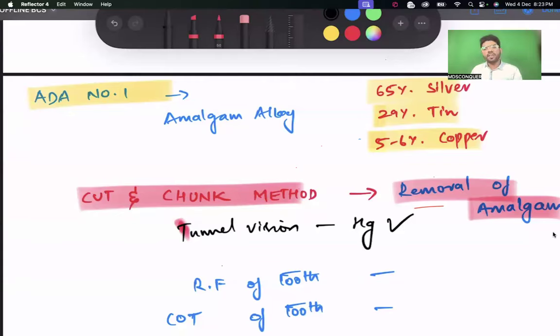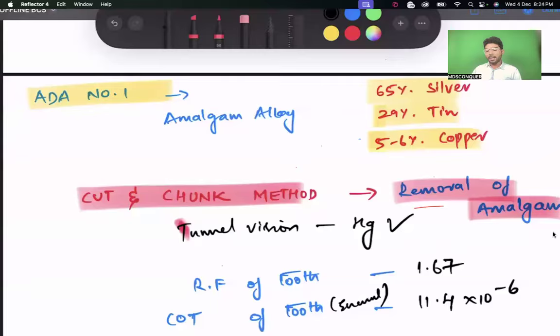The refractive index of teeth, we discussed yesterday in the WhatsApp activity, is 1.67. Coefficient of thermal expansion of teeth, preferably I'm asking about enamel. Coefficient of thermal expansion of amalgam is 11.4 into 10 to the power of -6.